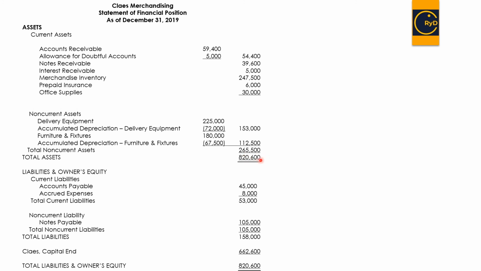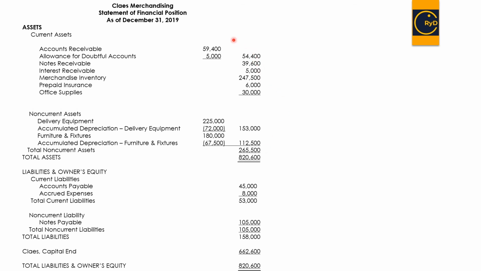Since we can also compute for our non-current assets, which are given, we just work back. From here, we get the difference between 820,600 less the total non-current assets of 265,500.